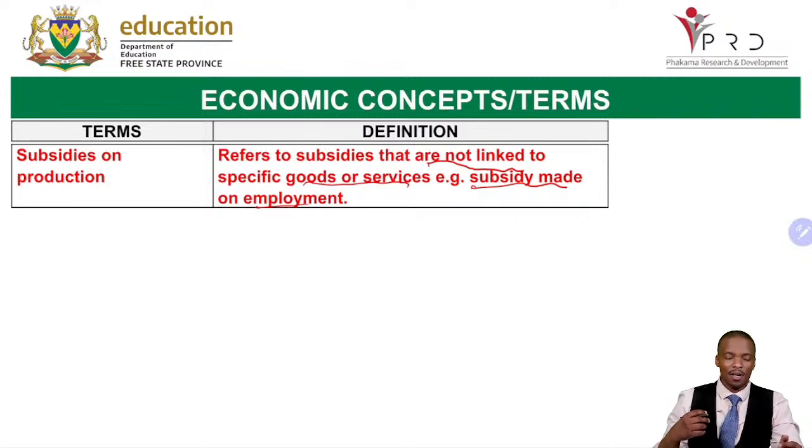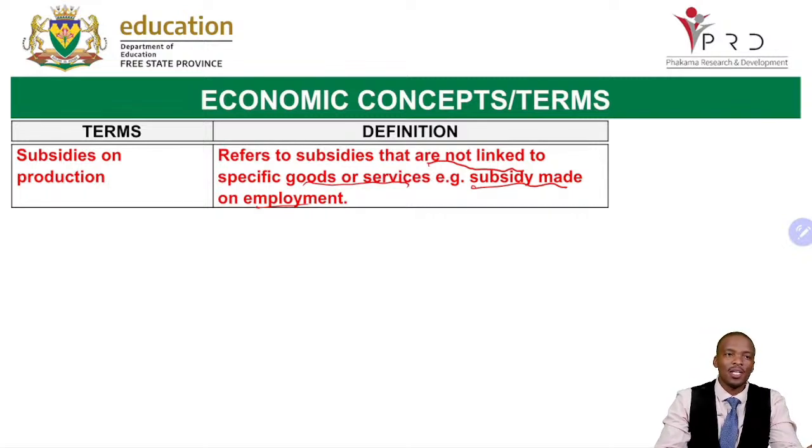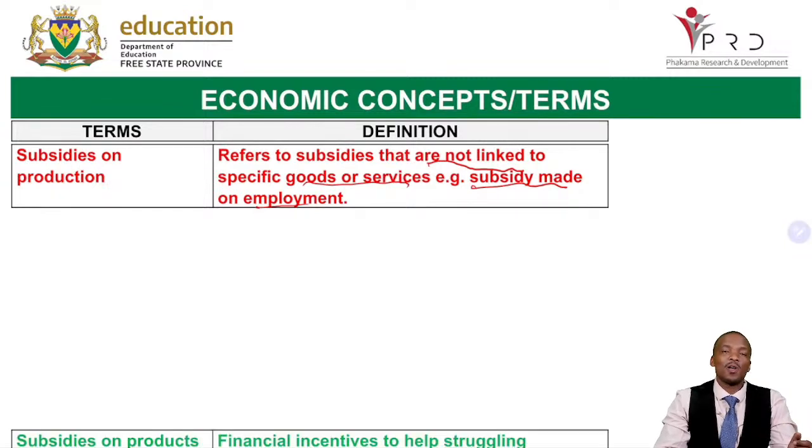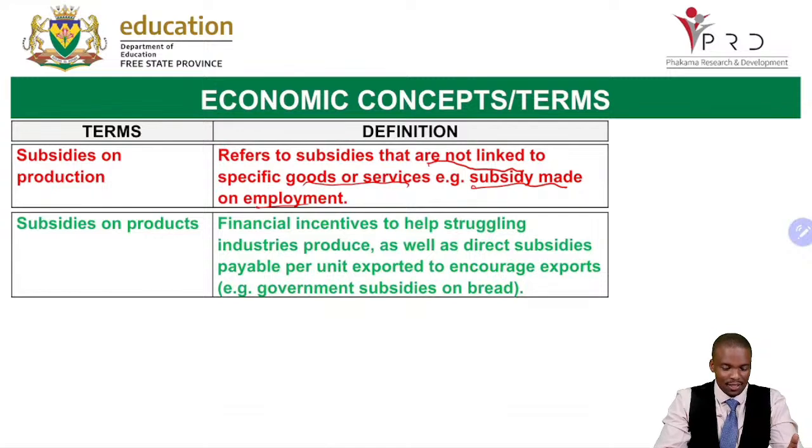Hence, the businesses had to apply for subsidies from the government, and they pay a certain amount while the other amount comes from the government so that production can take place. Another way of putting it is that these are subsidies there to encourage the production of goods and services.